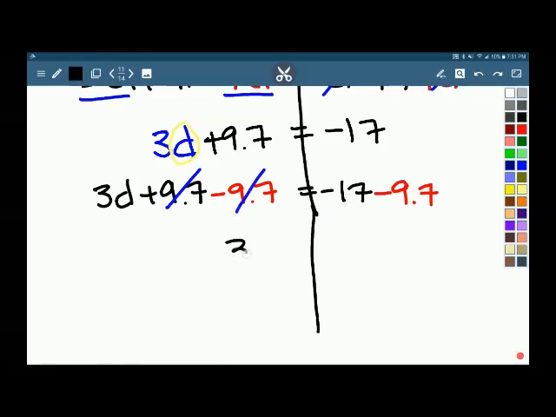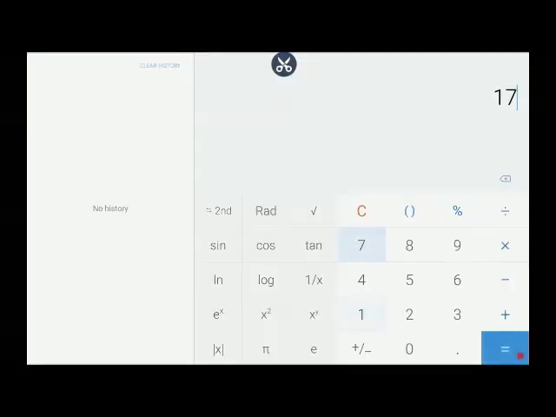And we're left with 3d is equal to, and this is where I would go to my calculator to type in negative 17 minus 9.7. Okay, so let's see, there's negative 17 minus 9.7 equals negative 26.7.